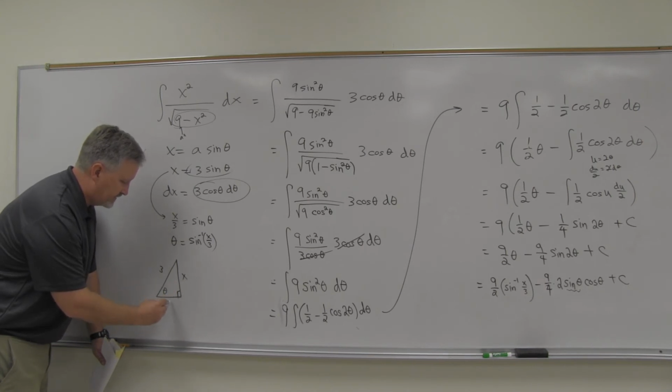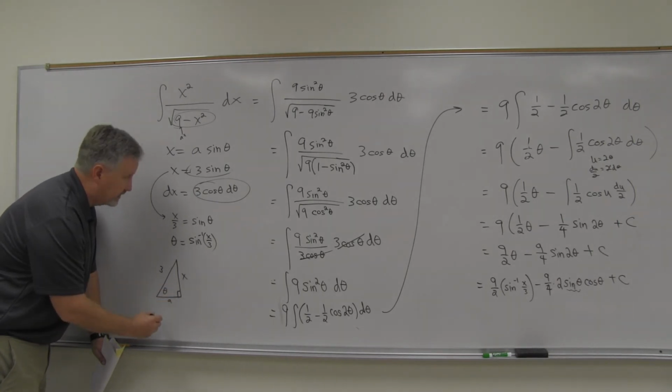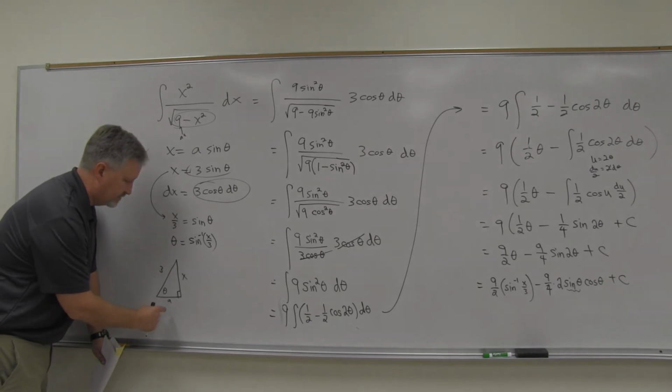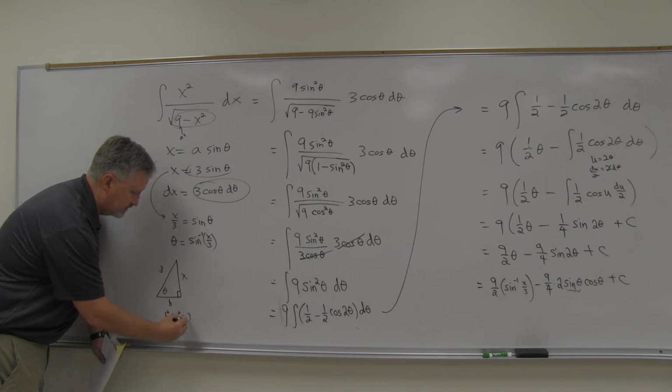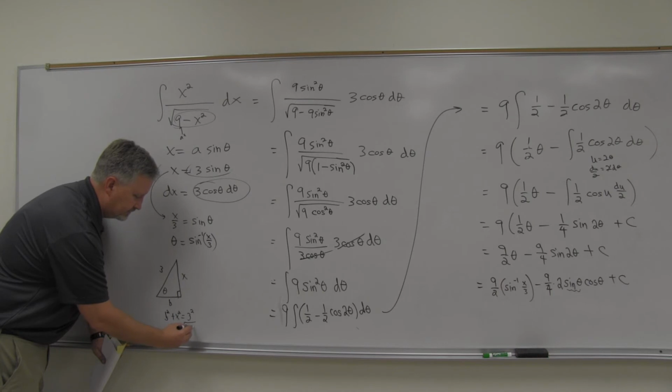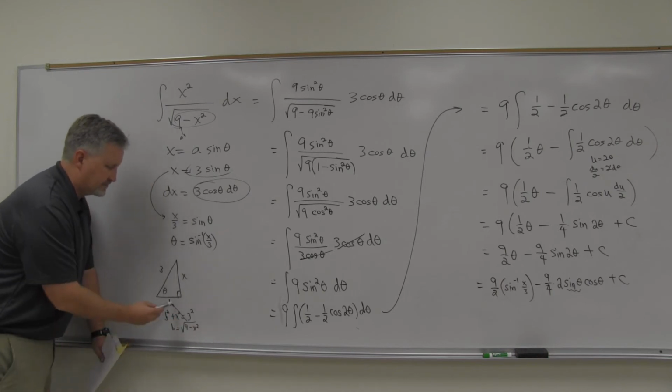That's our unknown side, so that's a, or b, or whatever you want to call it. Let's call it b. So b squared plus x squared equals 3 squared. So b is going to be the square root of 9 minus x squared. So that's my adjacent.